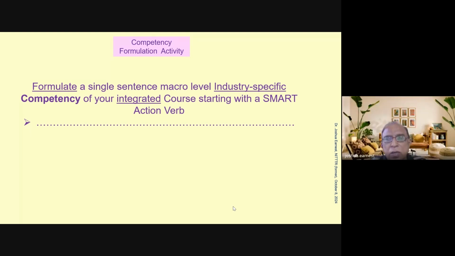Another thing that nobody asked about: the integrated course. The industry is not interested in any only-theory course or only-practical course. Let me put it. See, AICTE brought it only from an administrative point of view. From the industry point of view, there is no practical course, there is no theory course which they want. They want integrated courses only.